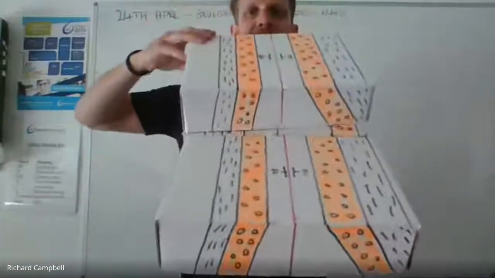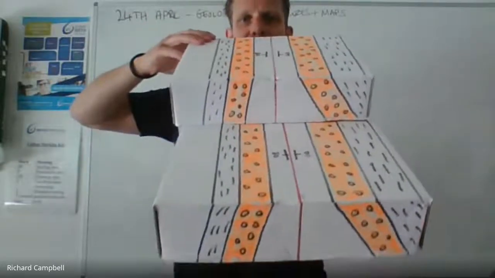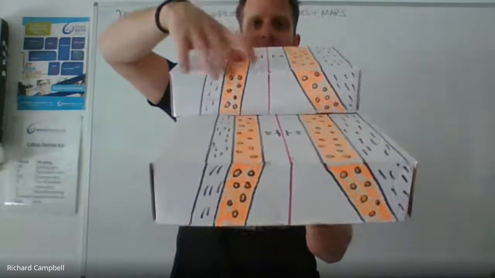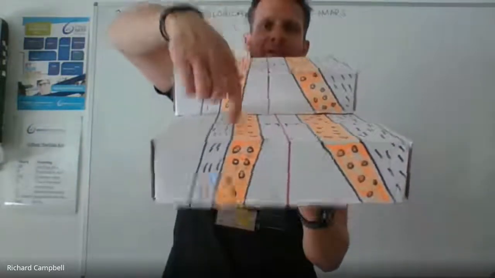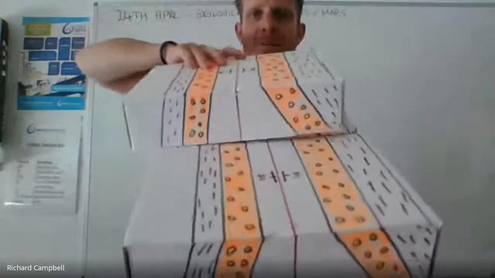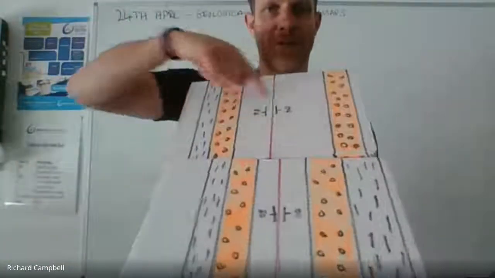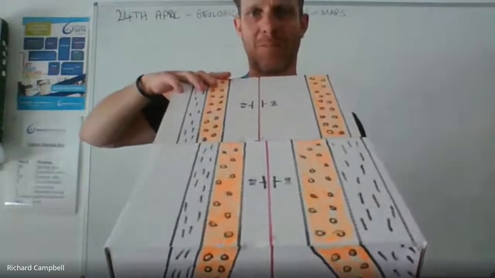You can see there, that's what it did look like after this bit, the up-thrown block, being up-thrown, moved up the fault. This is the down-thrown block. Erode that away. And as you can see, we've got a difference in outcrop pattern.